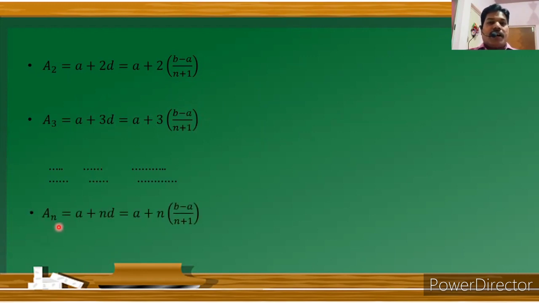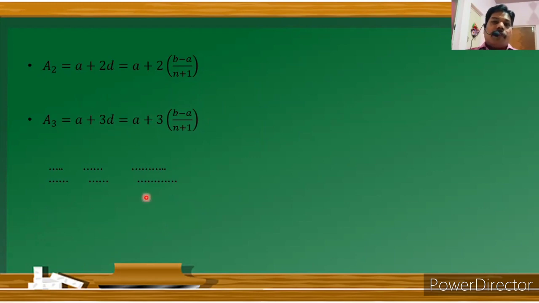An is nothing but a plus nd. Actually, this is the n plus 1th term. That's why you are getting a plus nd. So d value is b minus a by n plus 1, so An is a plus n into b minus a by n plus 1.